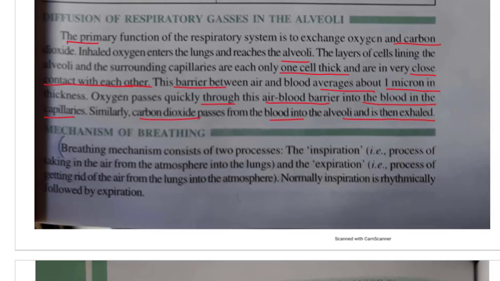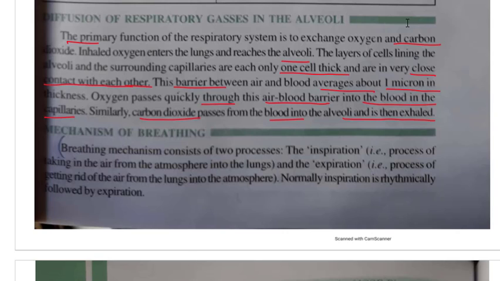Air which is rich in oxygen passes that barrier and enters the blood, and in the same way the carbon dioxide in the blood moves away from the blood into the alveoli, from where it is exhaled out. So this is diffusion of oxygen and carbon dioxide taking place in the lung.